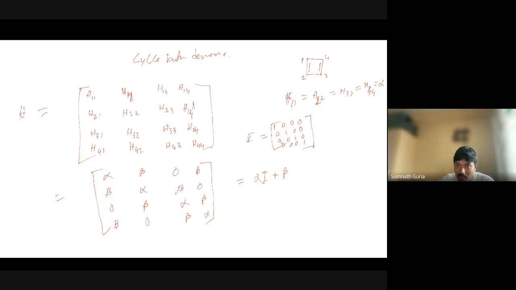The beta matrix can be written as 0, 1, 0, 1, 1, 0, 1, 0, 0, 1, 0, 1, 1, 0, 1, 0.